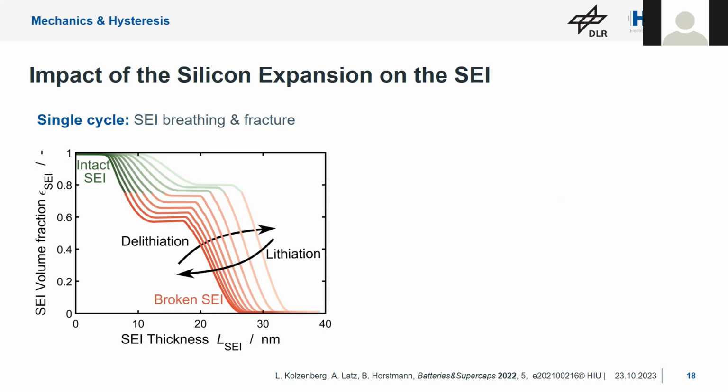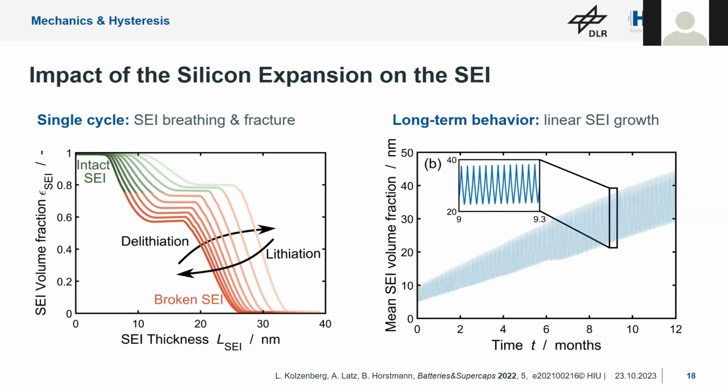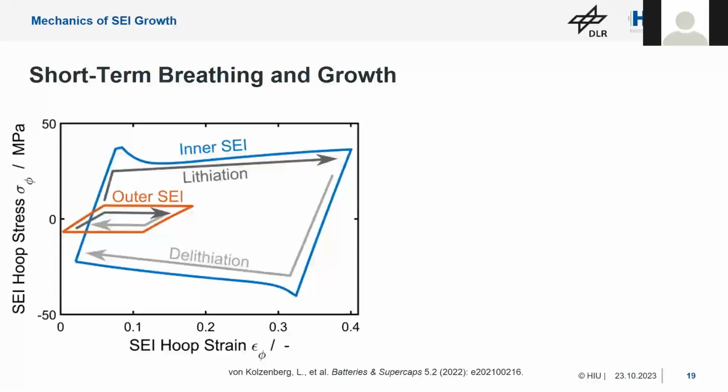And now doing one lithiation-delithiation cycle, the thickness of the SEI changes, and at the same time, the porosity of the SEI changes up here. And we can model long-term cycling with this, and you see how the SEI goes up and down during 12 months of cycling, how the SEI volume changes.